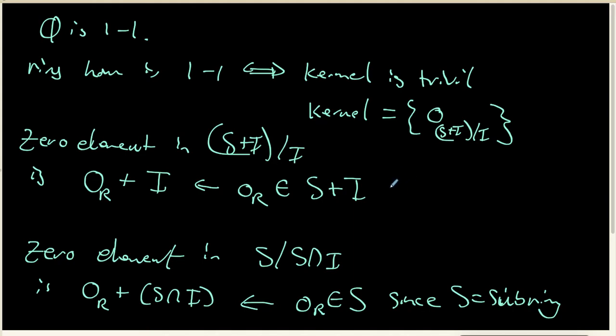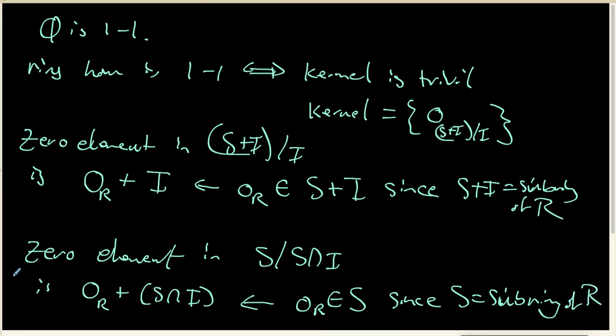And while I'm writing reasons, I should have said that this particular statement is true because S plus I is a subring. And these are both subrings of our ring R. So we now know what the zero elements are.